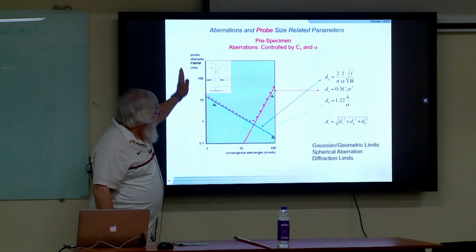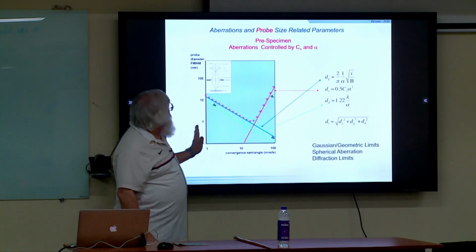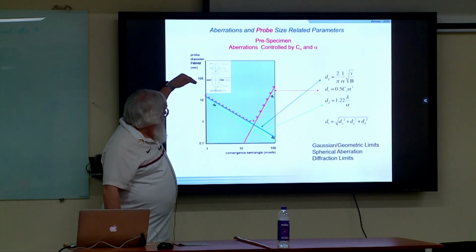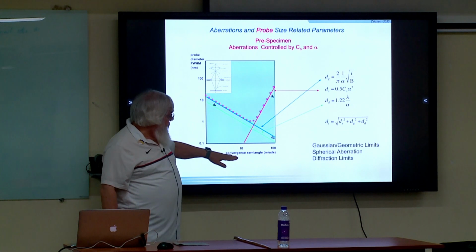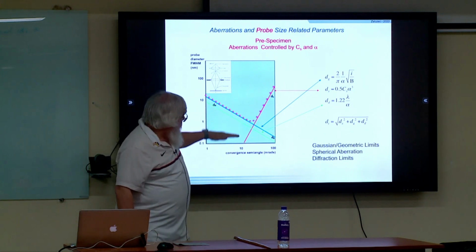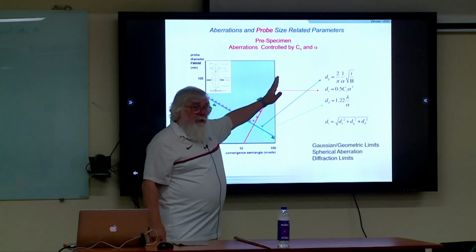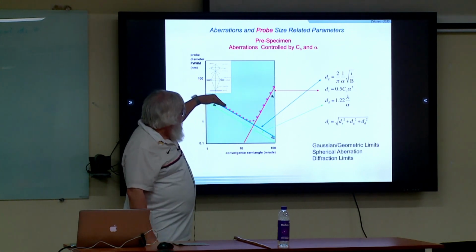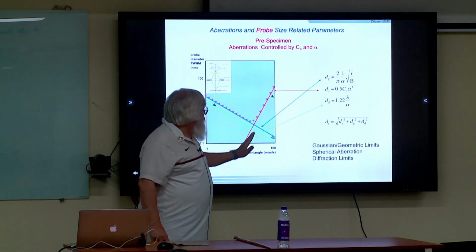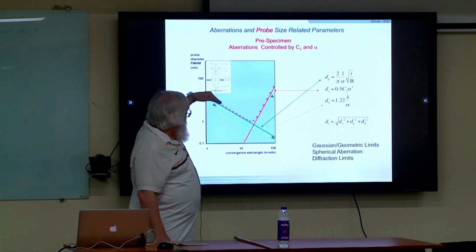Okay, so we can write the probe size, probe diameter, as a function of convergence angle. As the convergence angle gets larger, the probe size changes. When it gets too large, it starts getting worse. Okay, so we have a diffraction limit and we have an aberration limit. Okay, this is your spherical aberration. This is your basic diffraction limit.